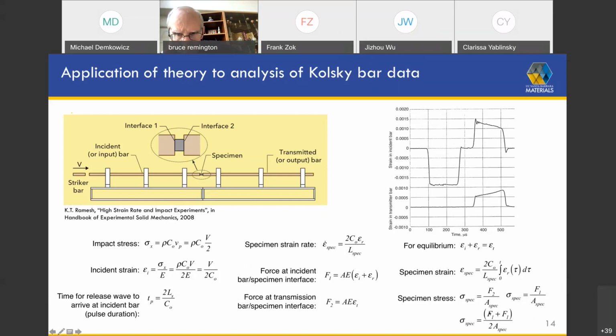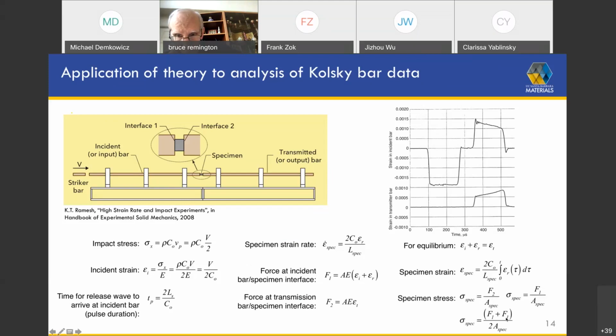We can work out either the back face stress, which we've called F2, divided by the area of the specimen. We can work it out in terms of the force on the incident bar specimen interface. And again, if you have equilibrium, these two should be the same. Or you can take the average of those two.